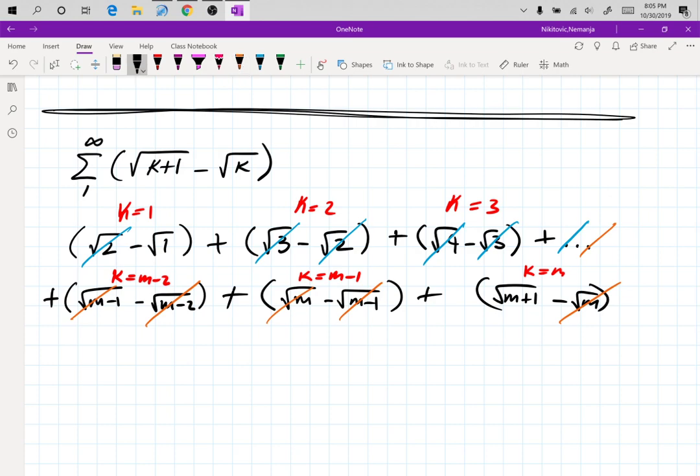And you are left with negative 1 plus the limit of square root of m plus 1 minus root m, as m goes to infinity.